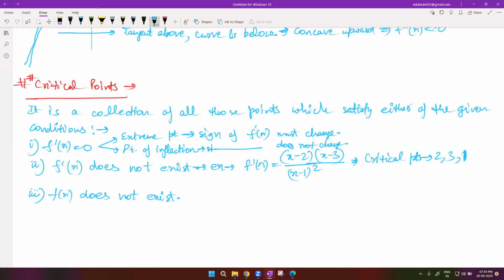So this was all about the first derivative test and how to find the points of local minima and local maxima through f dash x. Let's solve some further questions. We can only solve this one question, so let's try this one. This is f x. Please, everyone, try to solve this one.